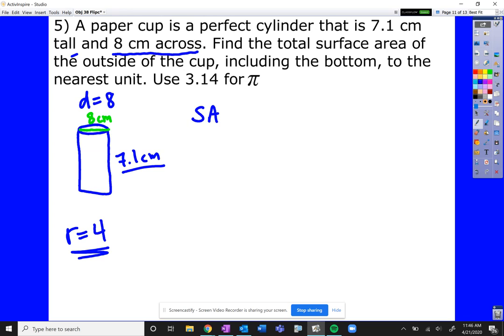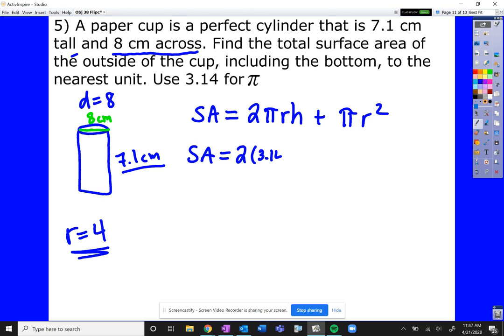So let's do it. Surface area of a cup, 2 pi rh plus only 1 pi r squared, because it's open on the top. There ain't no top that we got to cover. Okay. So we're going to use 3.14. So 2 times 3.14, the radius is 4, our height is 7.1, plus 3.14 times our radius squared.